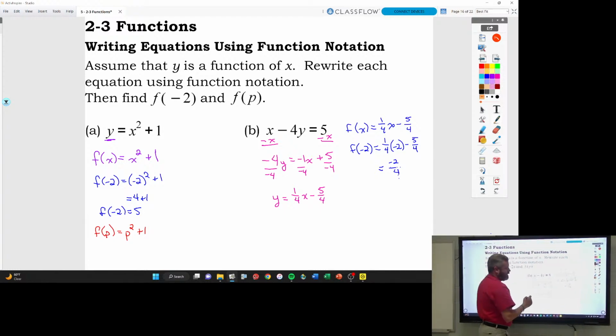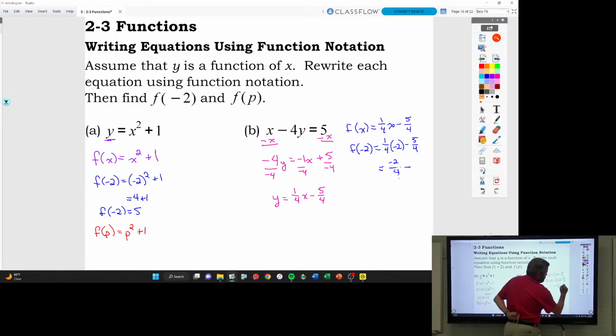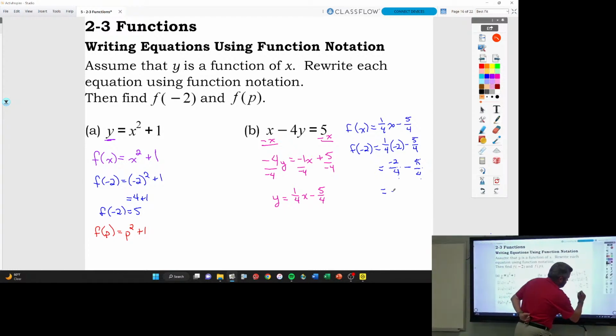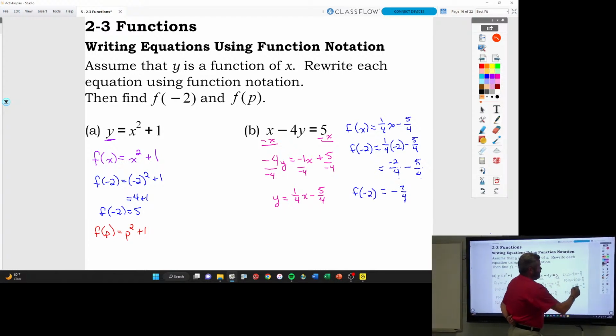The board doesn't like writing on this side. I'm really sorry, folks. Minus 5/4. And negative 2/4 minus 5/4, that's negative 7/4. So f of negative 2 is negative 7/4.